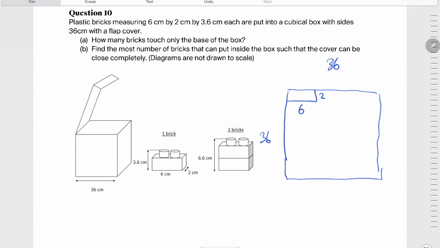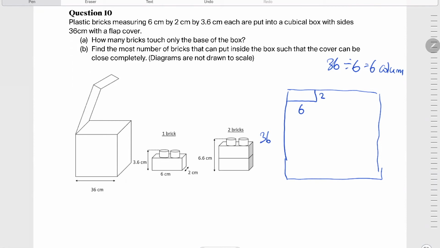Okay, so the first thing you want to find out is how many columns can I have? If you know that the length of the bricks is going to be 6 cm, then the number of columns would be 36 divided by 6 equals 6 columns.